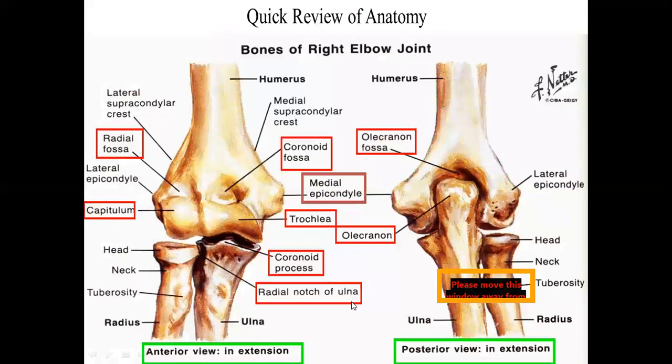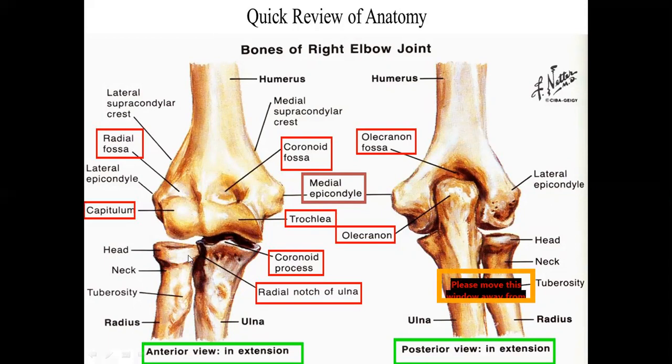Now, for your better understanding, maybe you find these names like coronoid fossa and radial fossa difficult. You will also find that this medial bone is the ulna bone, and the lateral bone is the radius bone. So this projection of the ulna is the coronoid process. When you flex your elbow, you can feel this coronoid process comes and fixes in the coronoid fossa.